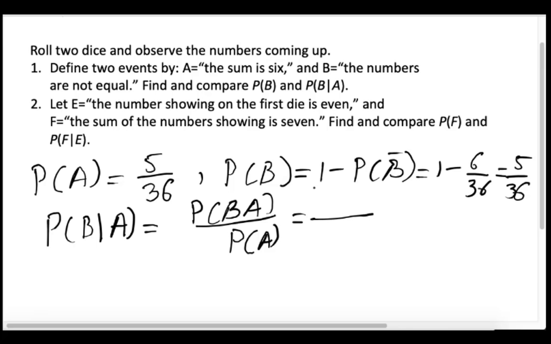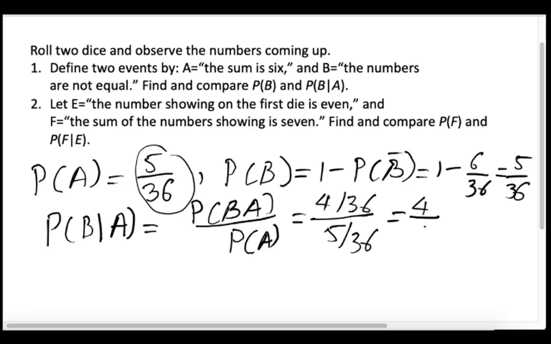So you get 1 and 5, 5 and 1, 2 and 4, 4 and 2, but not 3 and 3. So you get 4 over 36, while the denominator is 5 over 36. We already knew that over here. So you simplify this fraction to get 4 over 5.